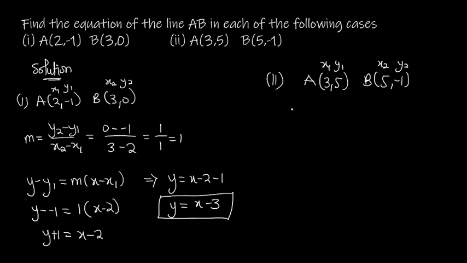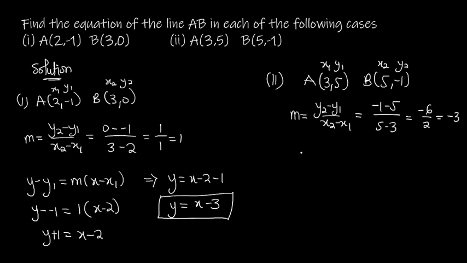To do that, I have m, which is my gradient or slope, is equal to y2 minus y1 on x2 minus x1. This is equal to my y2, which is -1, minus my y1, which is 5, on my x2, which is 5, minus my x1, which is 3. So I have -6 here on 2, and this will give me a gradient of -3.